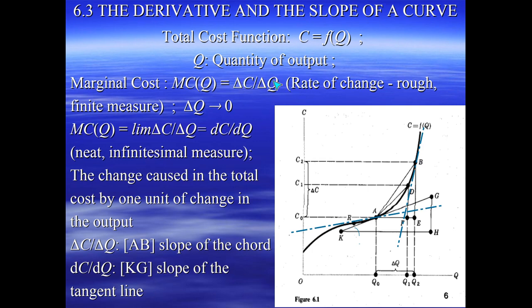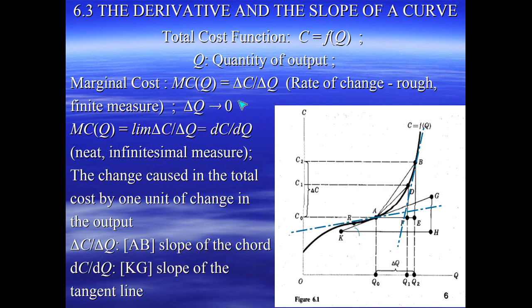This rate of change is a rough measure, a finite measure. We can measure delta Q by kilograms, for instance, and delta C by liras. They are rough measures. They are not very neat, very sensitive measures.